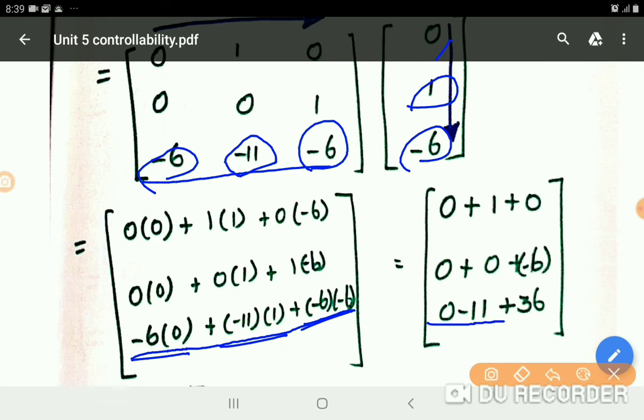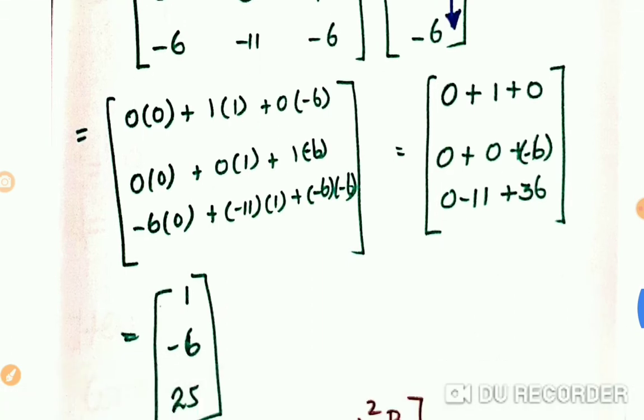So 0, minus 11 plus 36. So what we have here is 1, minus 6, and minus 11 plus 36 means 25. This is the value for A square B we got.